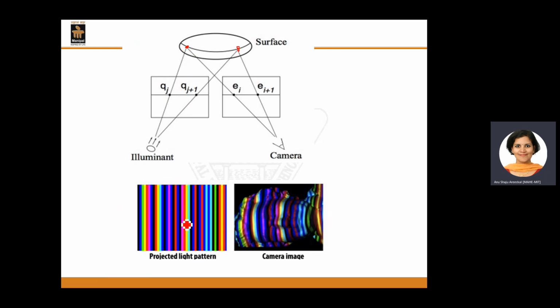You can think of it this way: let's say you're projecting a particular light pattern. Depending upon how much of it is reflected back and reaches the camera, you get information on the depth of each of those points. And this is an illustration showing how the camera image would look.